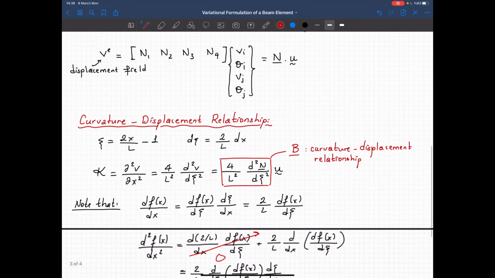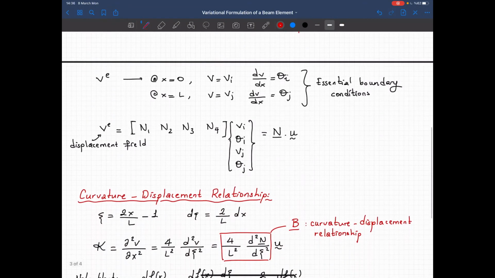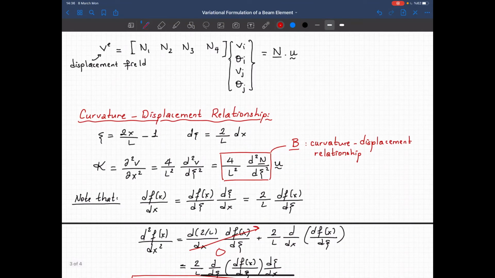So we already have the shape functions defined here. All we need to do is take their second derivatives and multiply them by 4 over L squared.